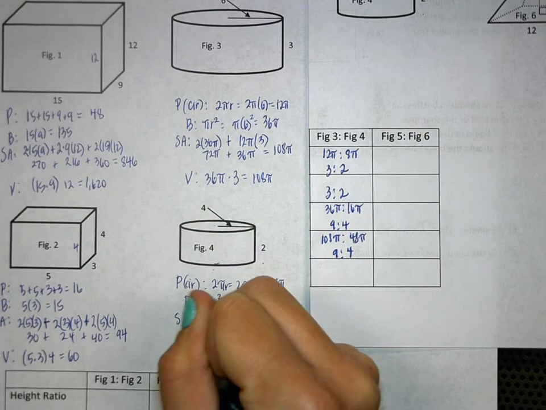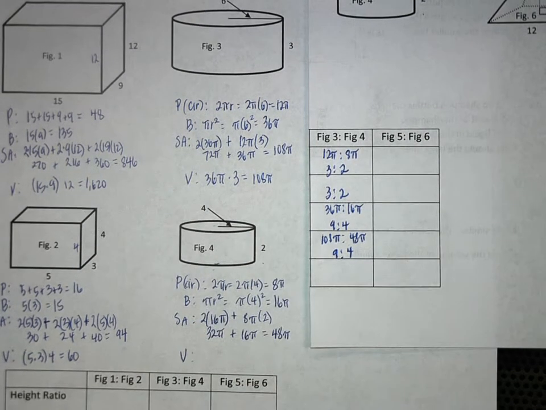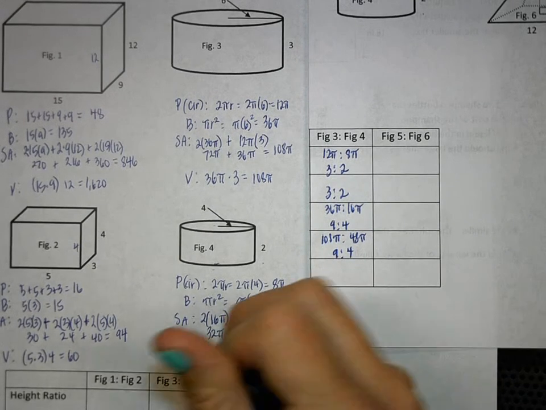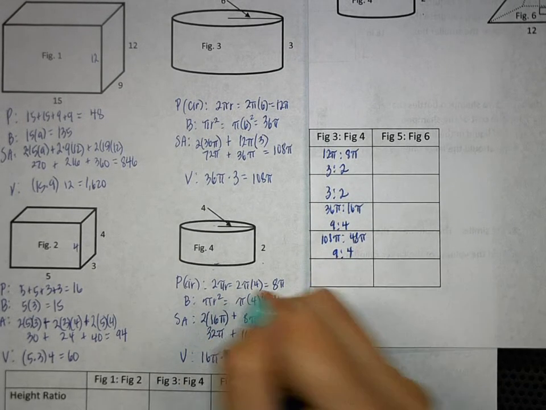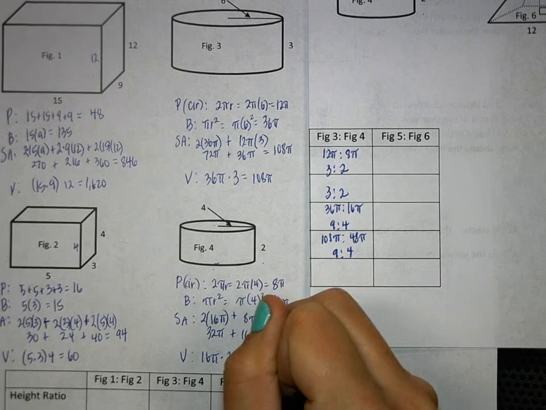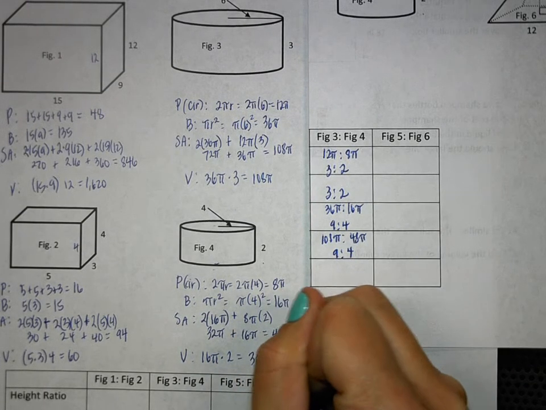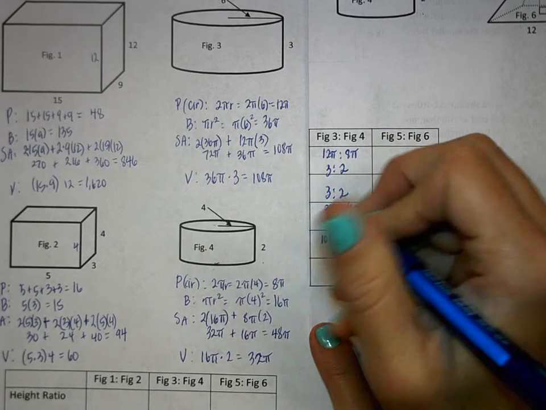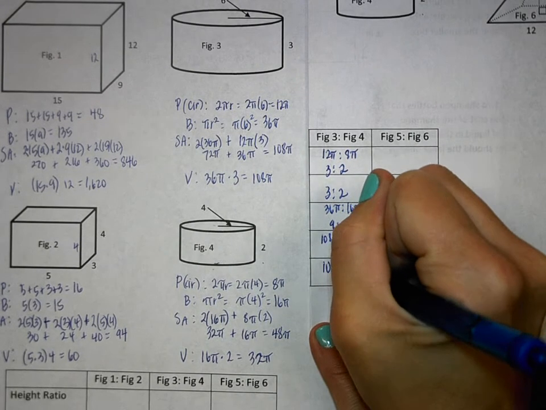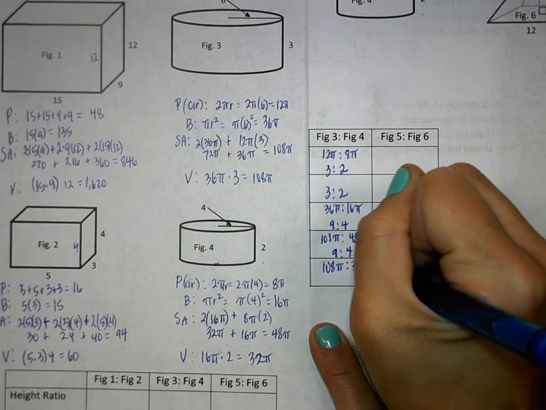And the volume for my figure 4 is my base area, which is 16 pi times my height, which is 2, and that makes 32 pi. So when I write this one, I have 108 pi to 32 pi.